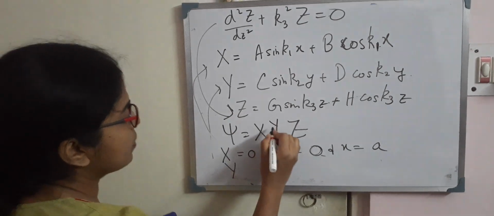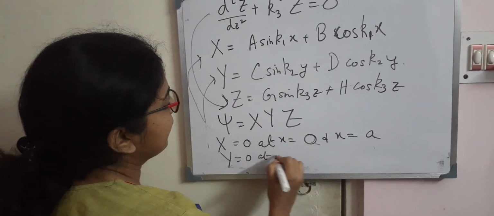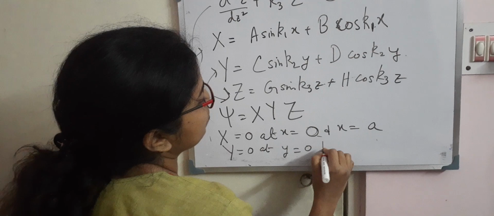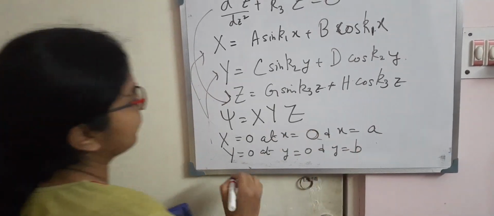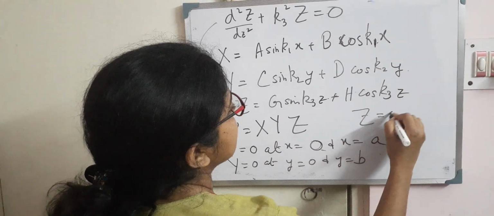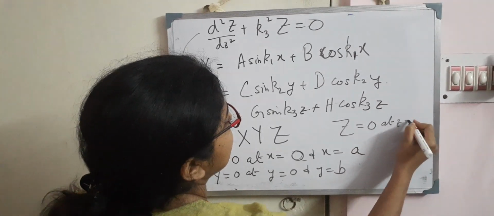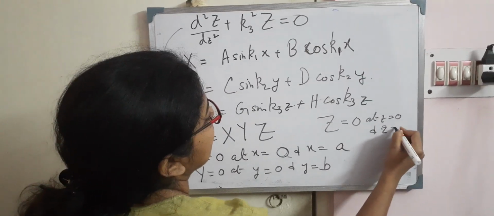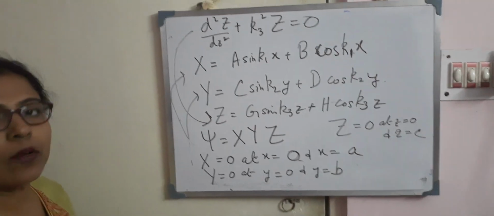Similarly, the function Y is 0 at y equal to 0 and y equal to b, and Z is 0 at z equal to 0 and z equal to c. So these are the boundary conditions.